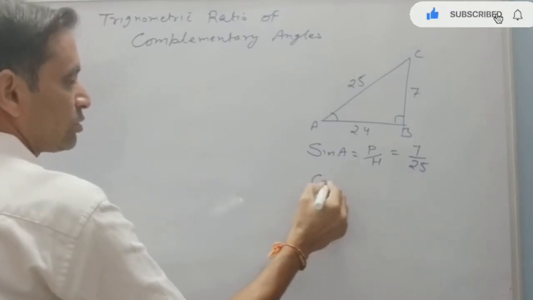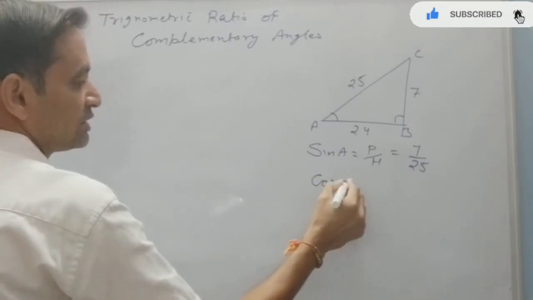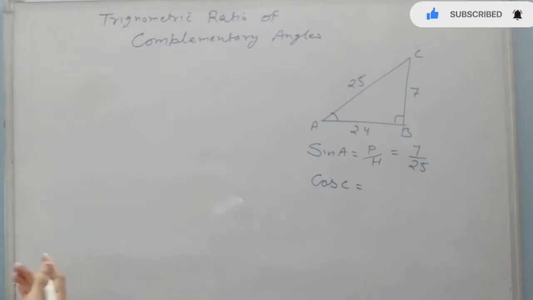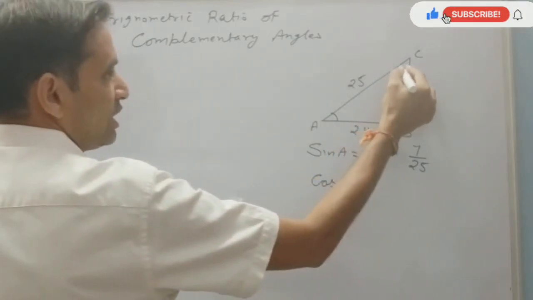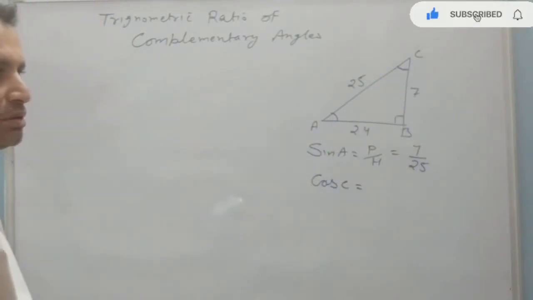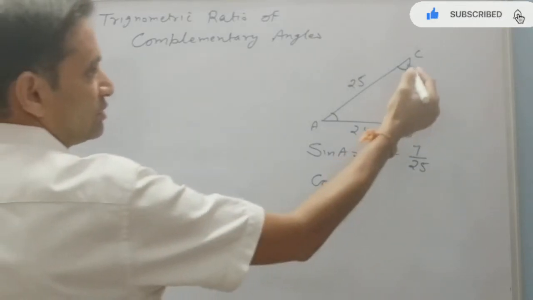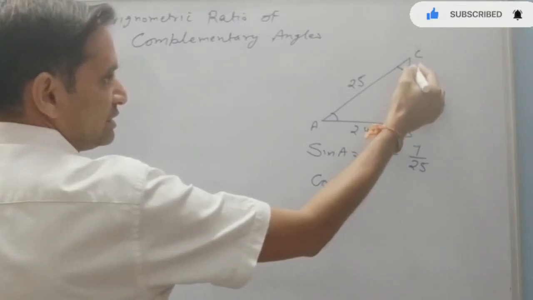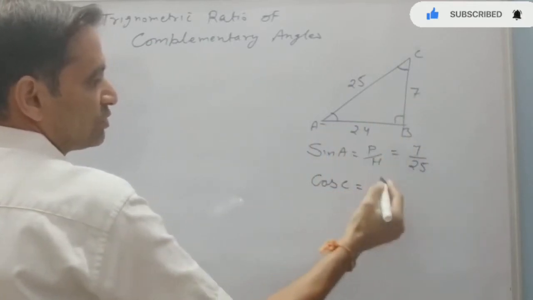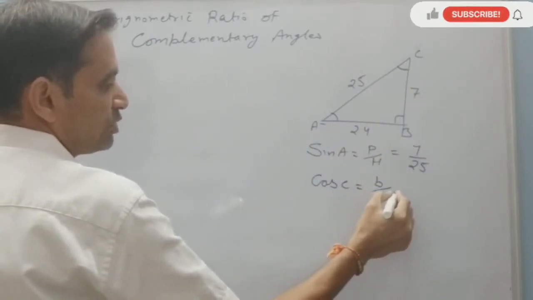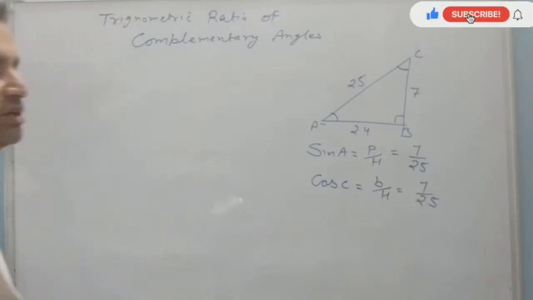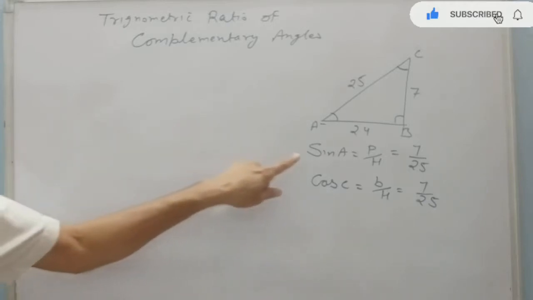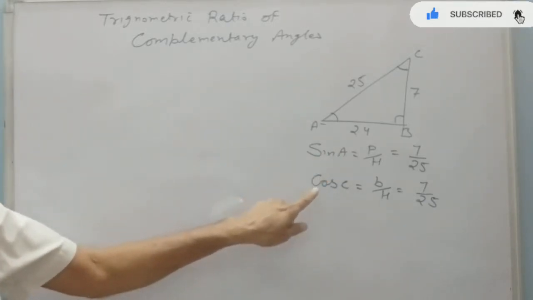And what about cos C? Cos C is base upon hypotenuse. If the angle C is here, then the base is this one and the perpendicular is this one. The formula is base upon hypotenuse, and you will get the same value, 7 upon 25. You can see the value of sin A is the same as cos C.